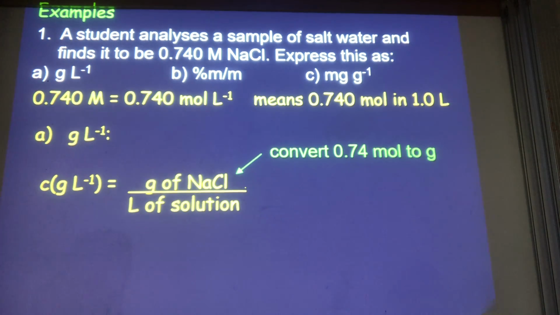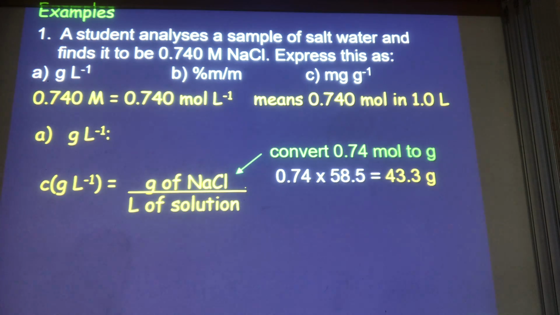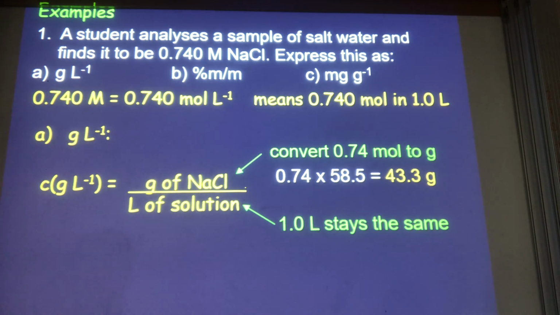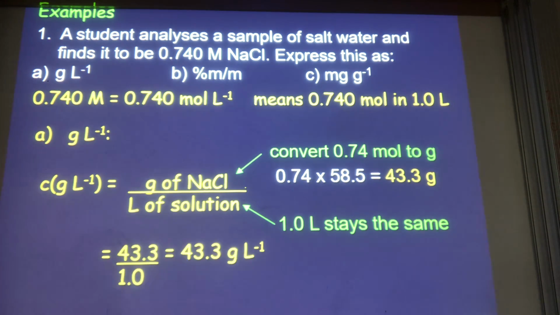So we have to convert our 0.74 moles into grams. Our 1 litre has to go into litres. That's handy, stays the same. So we do our conversion of the top line, moles into grams, divide it out. What do we get? 43.3 grams per litre.